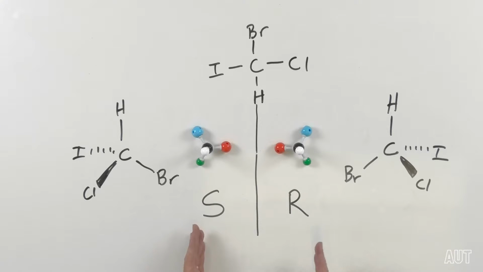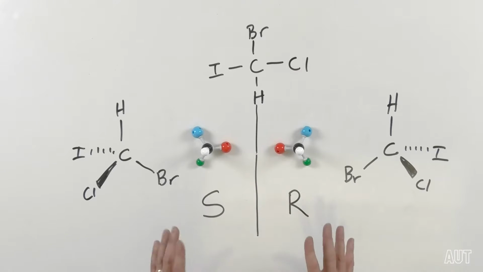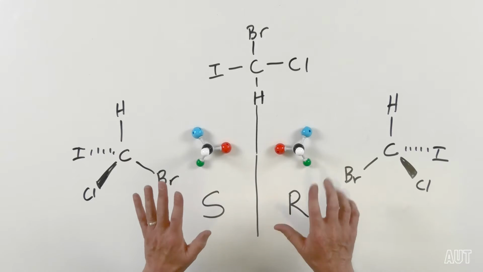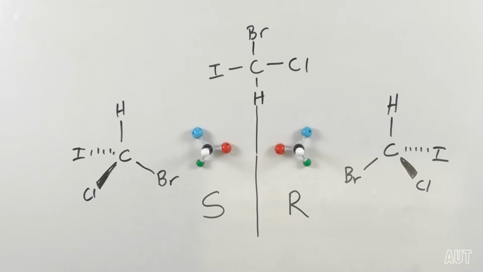And we said there's ways that you can distinguish between enantiomers, between an S enantiomer and an R enantiomer. The way that you do that, again, is you assign priority to the atoms that are attached to your central chiral carbon, your stereocentre, and then you orient the molecule so that the least favoured is pointing away from you, and then you go from the highest priority to lowest priority and see which way you're going, clockwise or anti-clockwise.